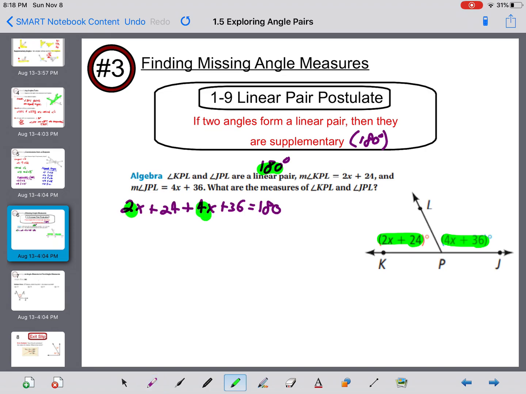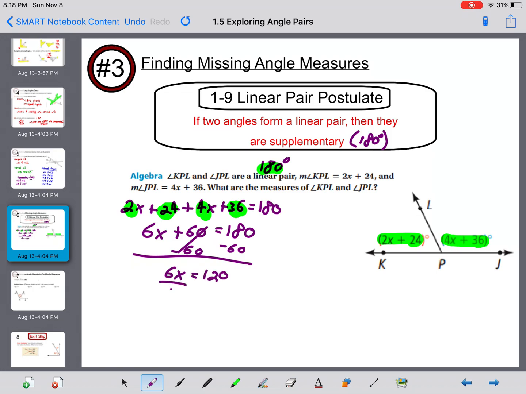Combine your like terms. 2x plus 4x makes 6x. 24 plus 36 makes 60 equals 180. Two-step equation, subtract 60 on both sides. 6x equals 120. Divide by 6 on both sides, and x equals 120 divided by 6, which is 20.